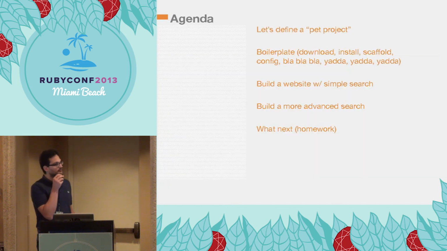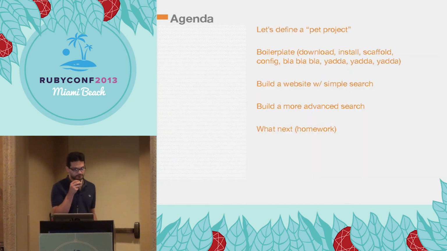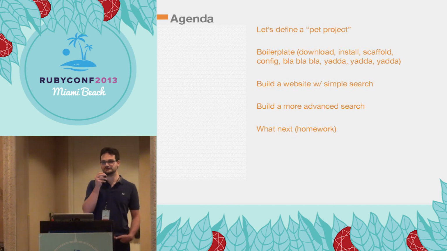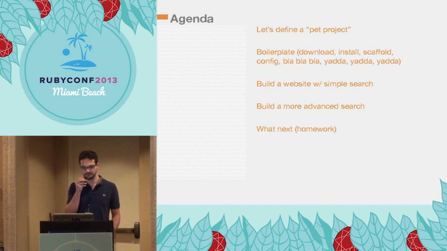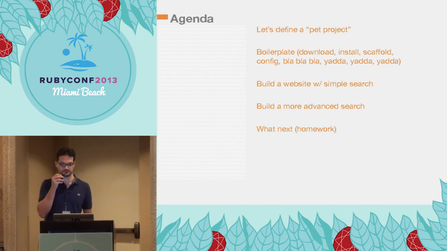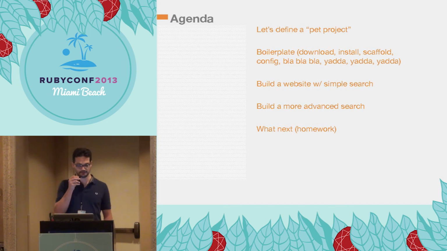So the agenda: what I want to show here is not to talk about search in general. I want to pick a pet project and talk about search on that project, so that it's easier to discuss the various steps that we have to take to introduce search in the project, rather than talking about search for anything.